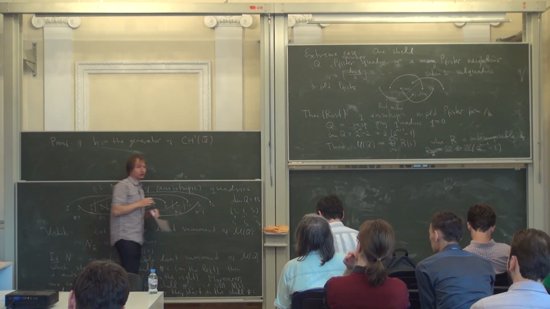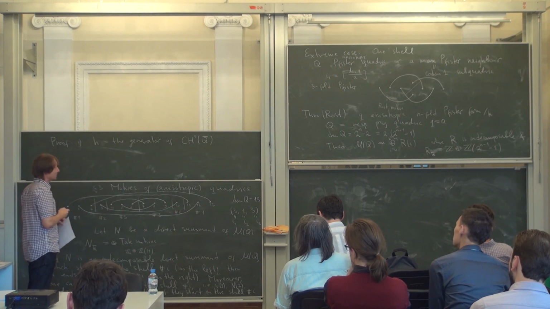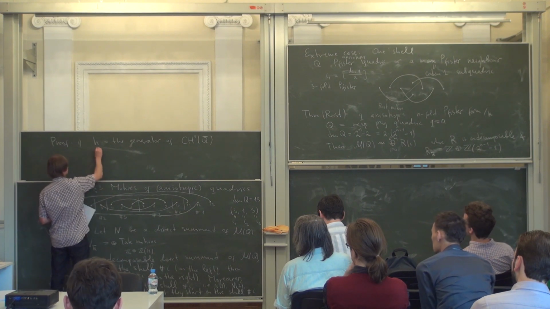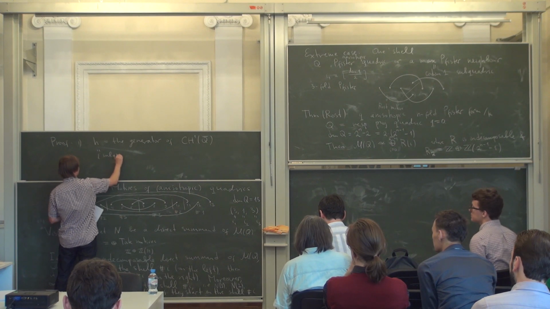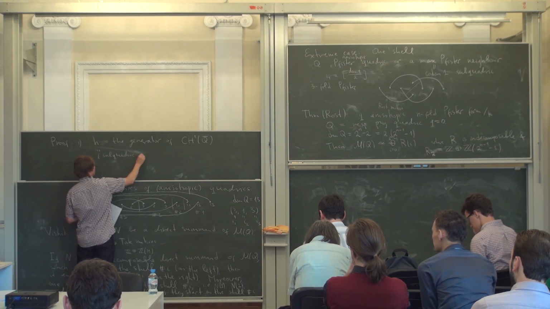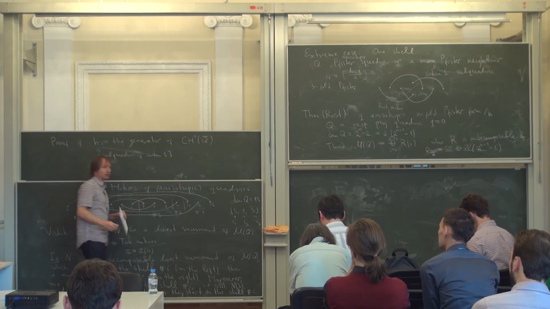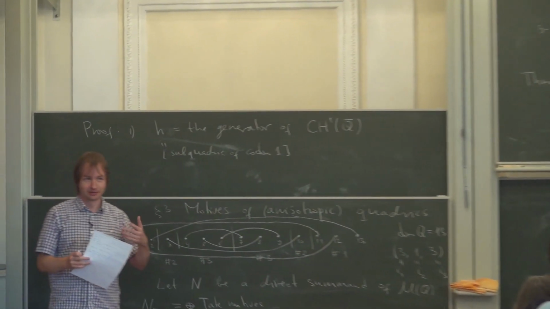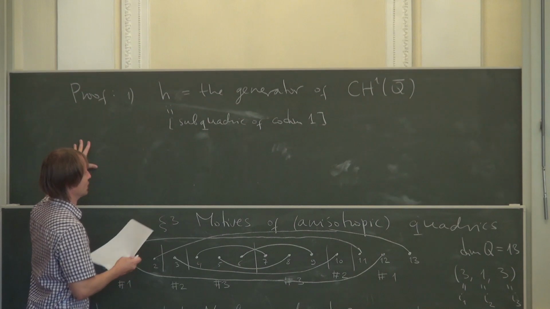So Q bar means Q over K bar, so it's a hyperbolic quadric. Namely, the subquadric of codimension 1. So let's denote it by H, H because of hyperplane. It's a hyperplane section of Q bar.